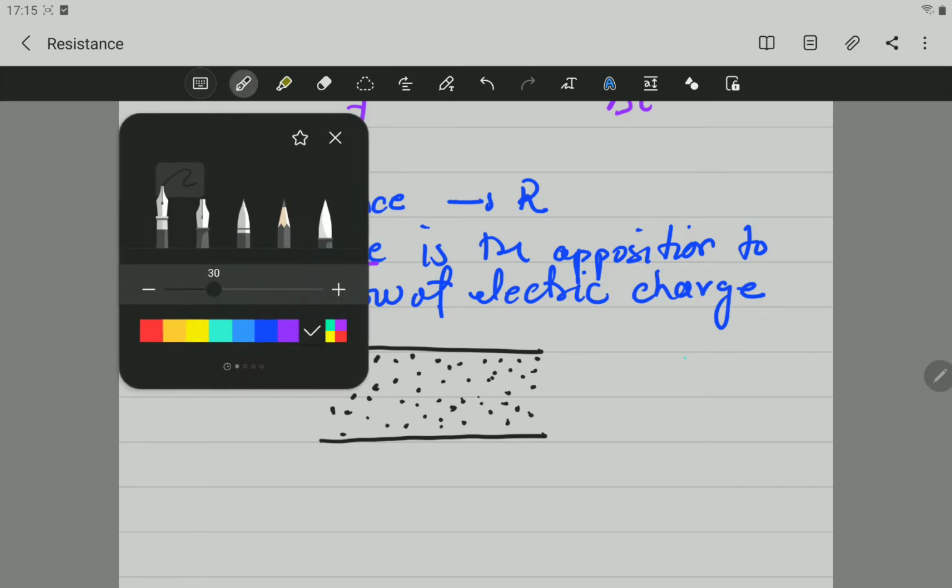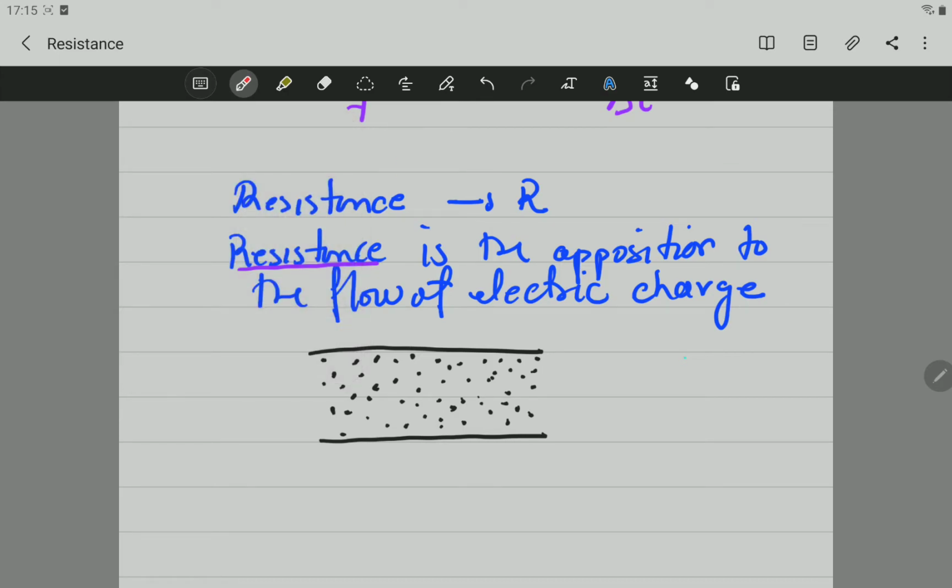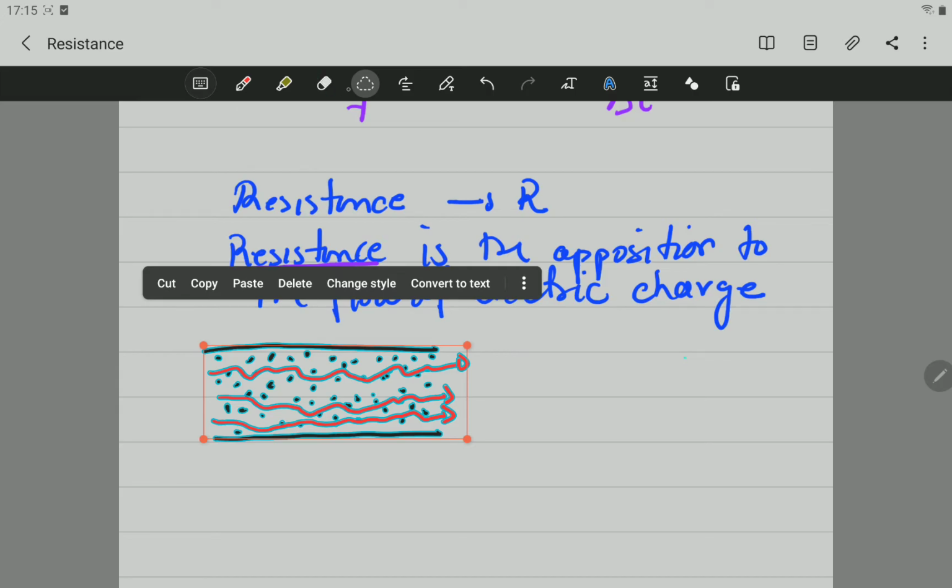How much the electric charge struggles to pass through the conductor because of those particles, that is what we call the electric resistance. The more difficult it is to pass through the conductor, the greater the resistance. The easier it is, the smaller the resistance. So, how difficult it is to pass through a conductor, that is what we call resistance.